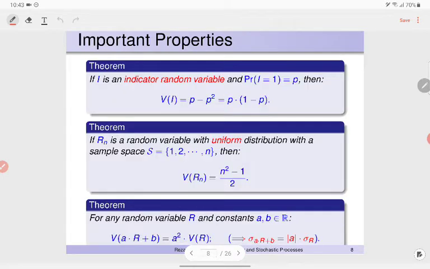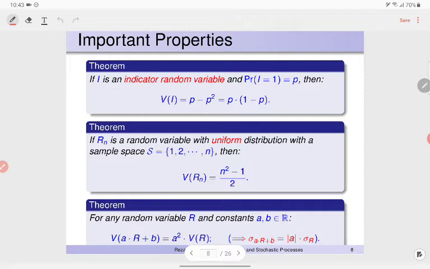Let's take a look at several important properties of the variance. The first one is related to the indicator random variable. If I is an indicator random variable and the probability that I is equal to 1 is equal to p, then the variance of this indicator random variable is equal to p minus p squared, which is p multiplied by 1 minus p.